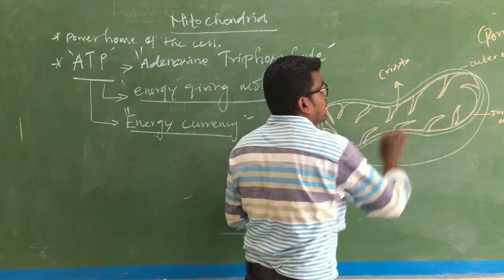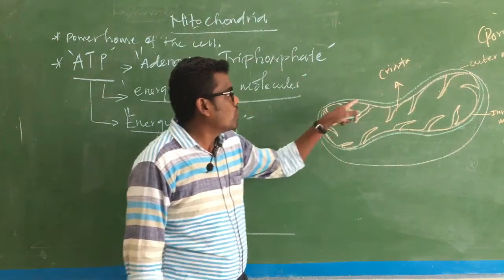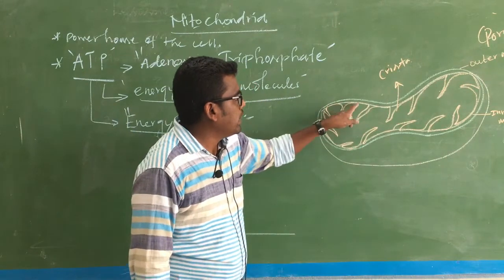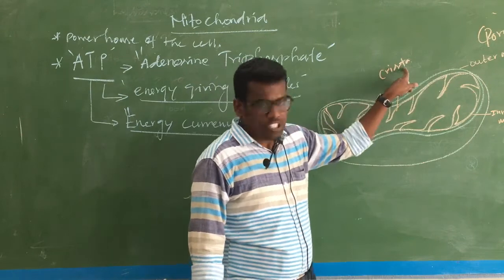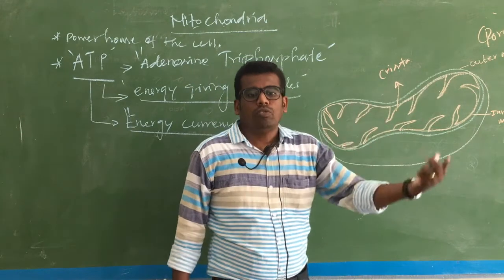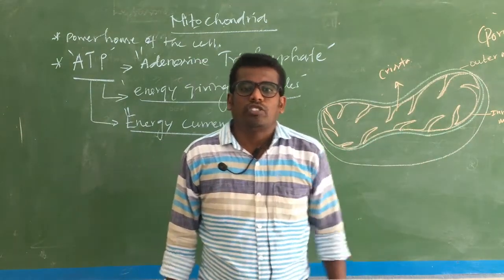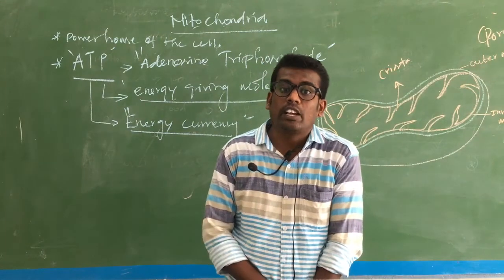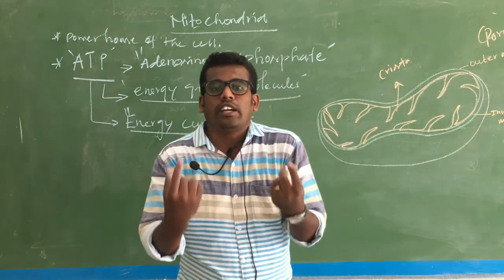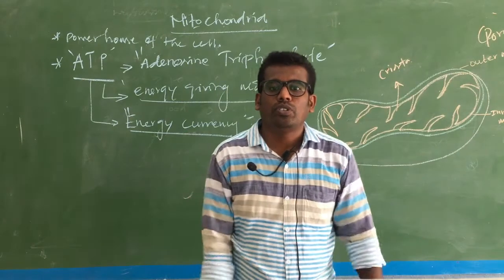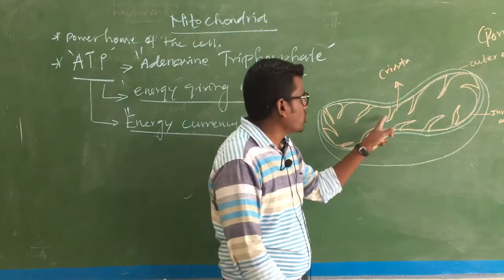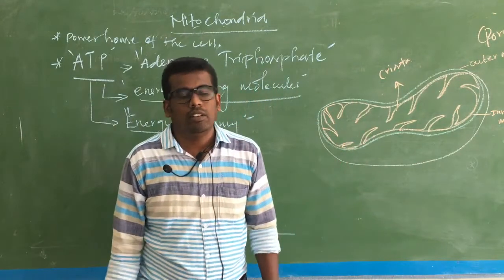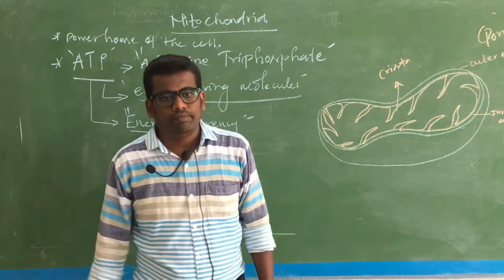The outer membrane is porous. The inner membranes are deeply folded, which is called cristae. The chemical reaction which produces the ATP occurs only in the inner membrane, not the outer membrane.